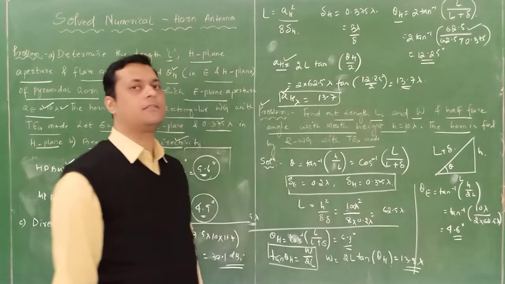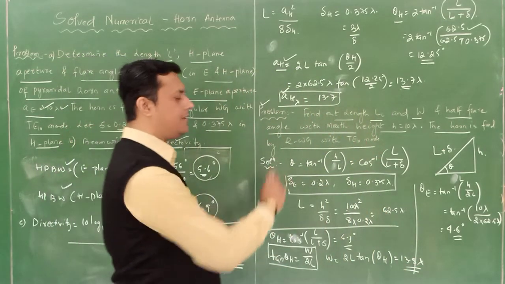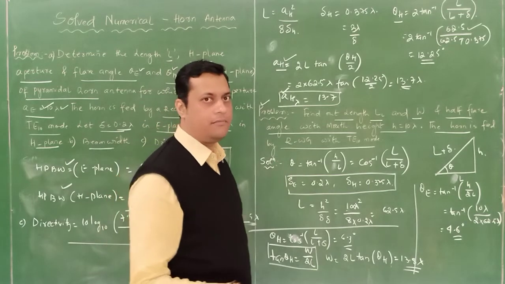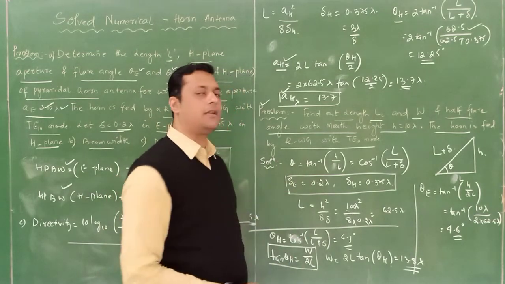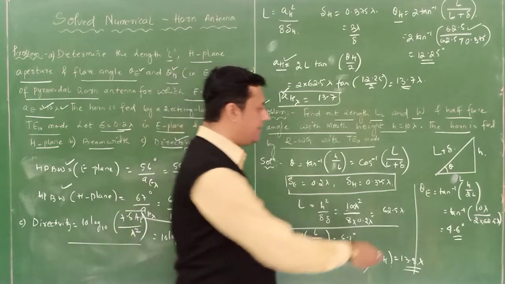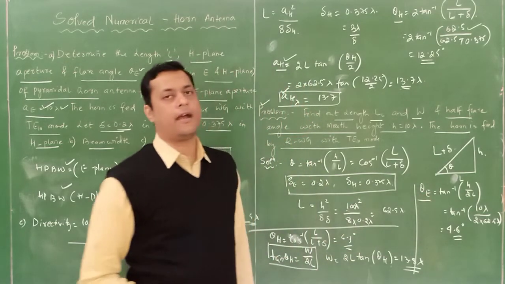So like this we can solve. Basically, the relations, whatever derivations are available, we will go through once again, and with the help of that we can solve each and everything step by step. These are the basic parameters through which we can identify.